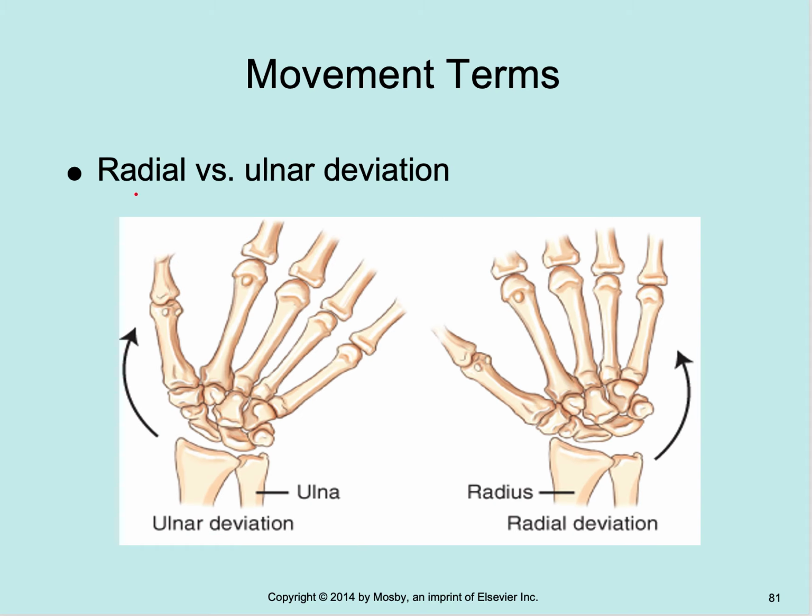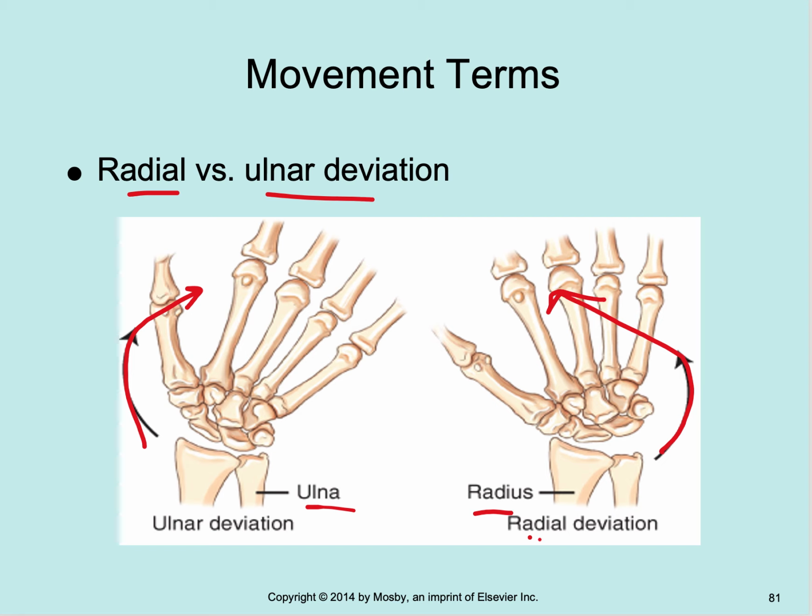So movement types, radial versus ulnar deviation. So deviation is basically you're deviating your hand towards the ulna. So your hand is moving towards that ulna aspect. Your radial deviation is moving everything towards the radius. So now you're moving your hand towards the radius.